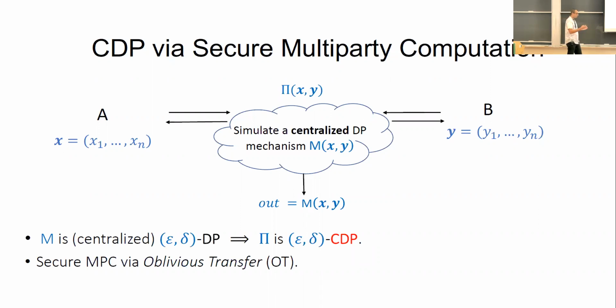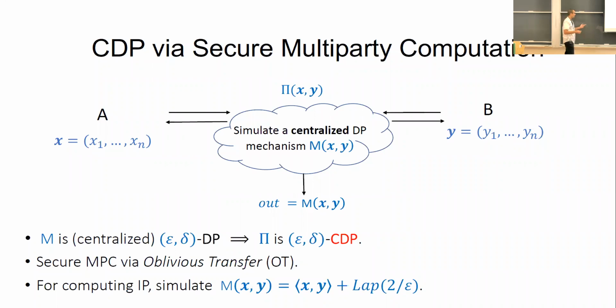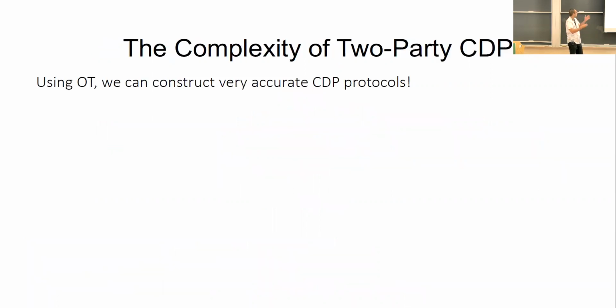Secure multi-party computation can be done using public key cryptographic primitives, in particular a primitive called oblivious transfer. Not that important what it means. For computing the inner product, we can just simulate the mechanism that adds Laplace noise, and that's it. So using oblivious transfer, we can construct a very accurate CDP protocol, like in the centralized model.